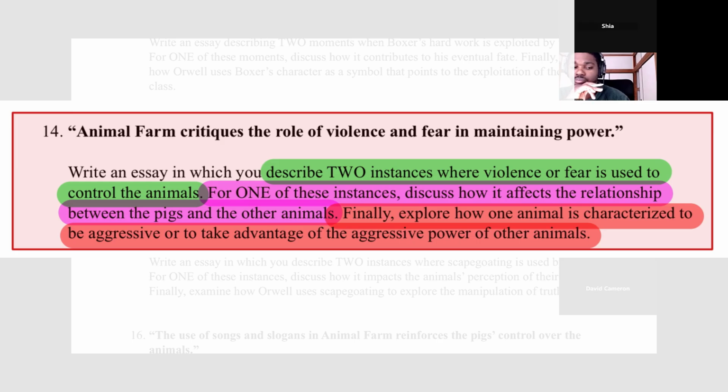This affected the more intelligent animals like Clover, making them a little more skeptical of the pigs. That's why some of the animals reject the commandments. And it affected the less intelligent, dull animals, making them more afraid, and they just follow the orders of the pigs.